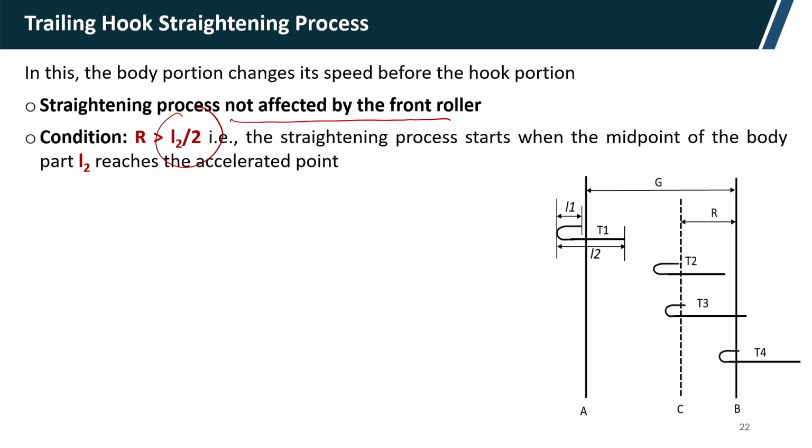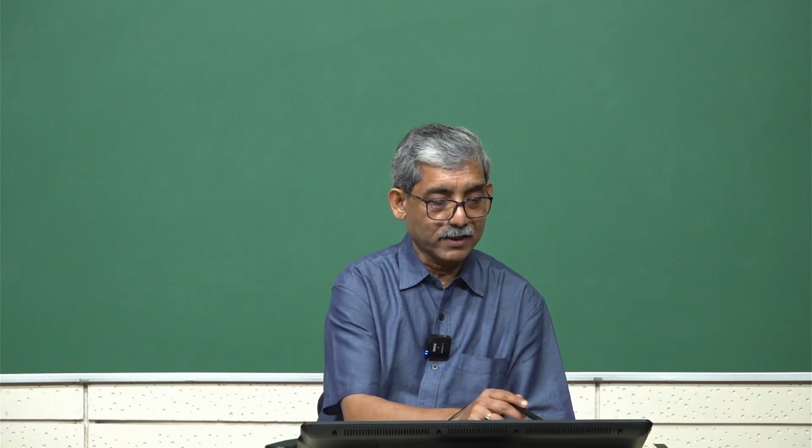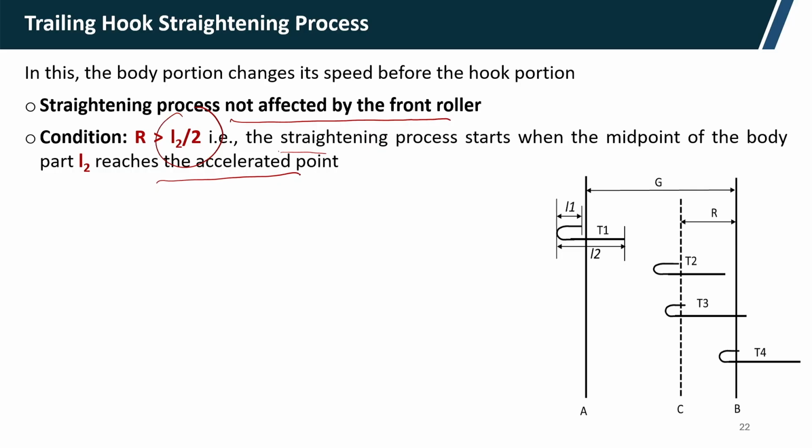What is L2? L2 is the body portion, and its midpoint. The straightening process starts when the midpoint of the body portion, L2, reaches the accelerating point.